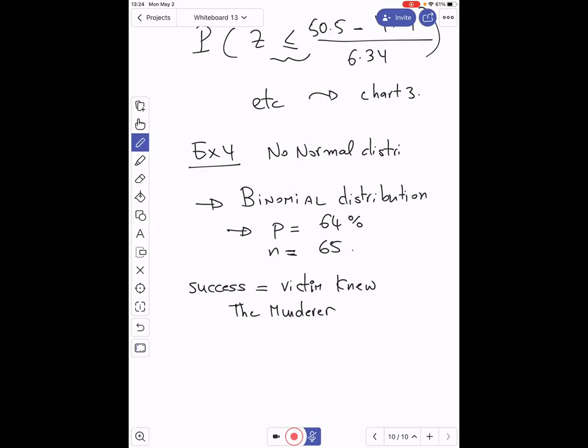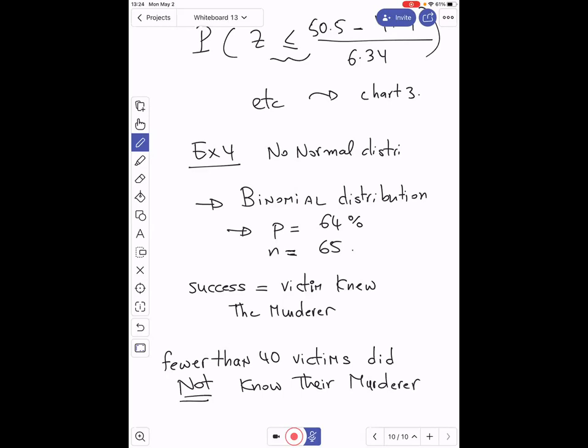So in part C, for example, it says fewer than 40 victims did not know their murderer.